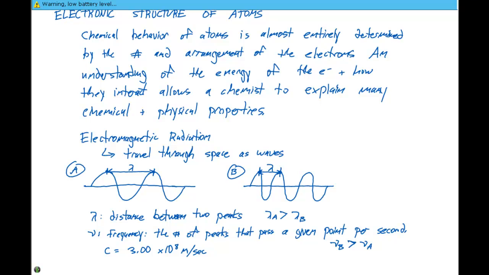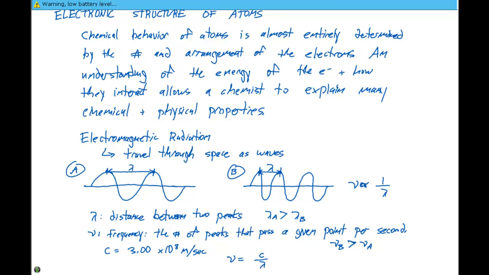By looking at these diagrams of A and B, we can say that the frequency, which is nu, is going to be proportional to 1 over the wavelength. And we can come up with a relationship using the speed of light to say that the frequency is going to equal c divided by the wavelength.